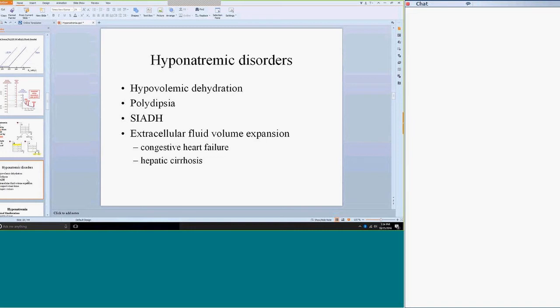It is now common practice for many people to drink too much water. I have had people drinking 10 liters of water daily, ending up with hyponatremia. The most common scenario is SIADH, and we will talk about it later. And there is extracellular fluid volume expansion, as we see in heart failure.